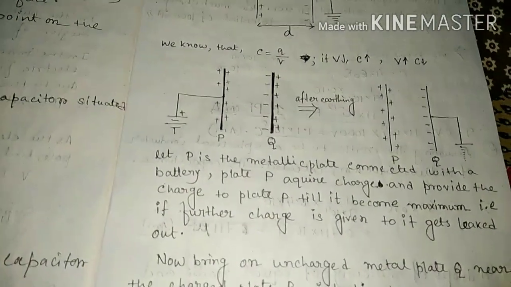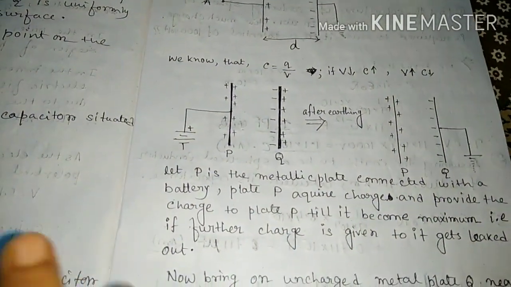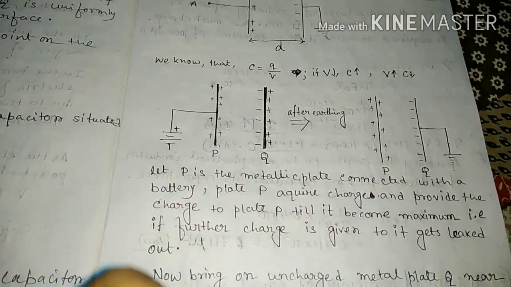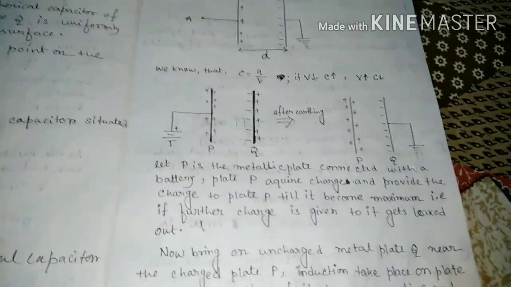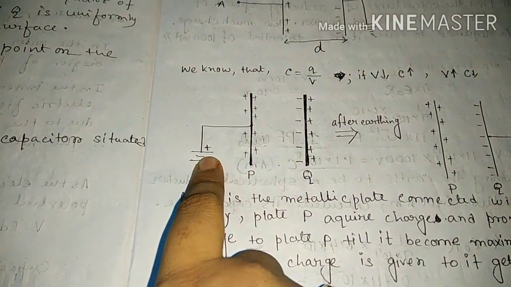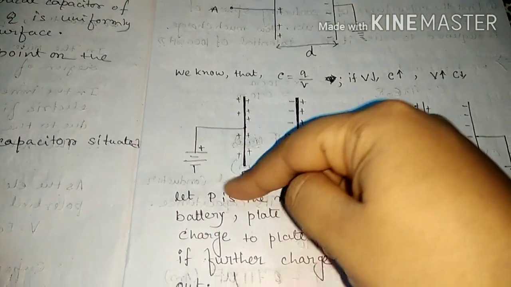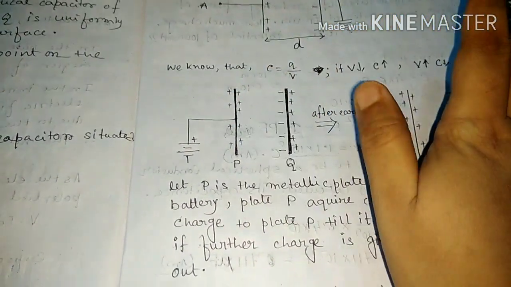So when plate P's charge is maximum, it stops receiving charges from the battery. Because the positive terminal is connected there, the whole plate is positively charged. Up to this, clear?